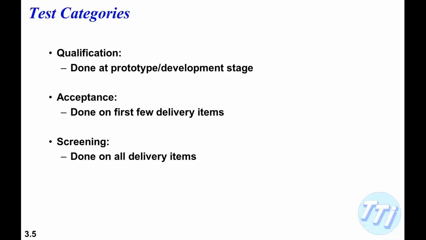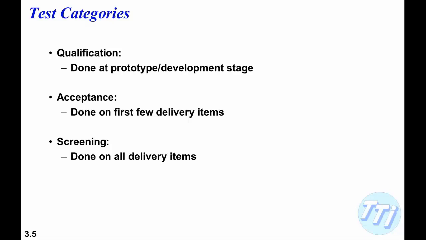So we're going to talk about three kinds of testing, and specifically what I'm going to talk about is how things are done in the aerospace industry, but other industries do similar things, and I'm going to ask you folks all to interpret this in a way that makes sense for what you're actually doing in your particular industry.